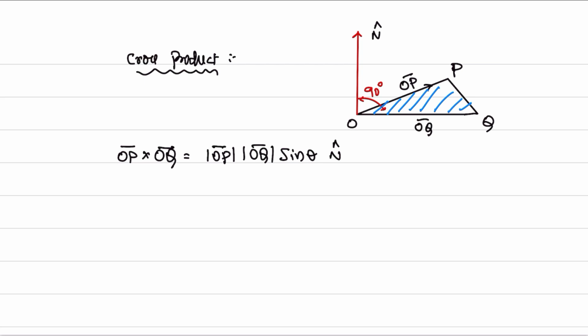OP is at 90 degrees to N, and OQ is also at 90 degrees, because N is perpendicular to the horizontal plane where OP and OQ are lying. The vector N lies on a line perpendicular to that plane. This is the meaning of the cross product.